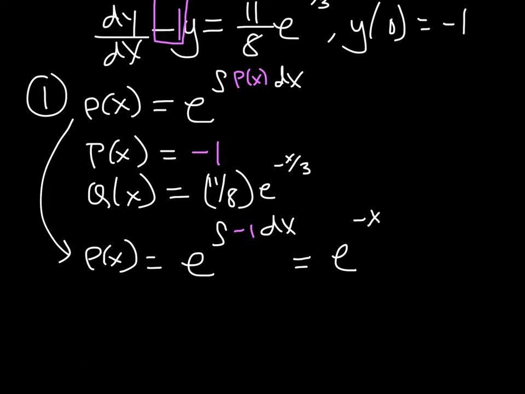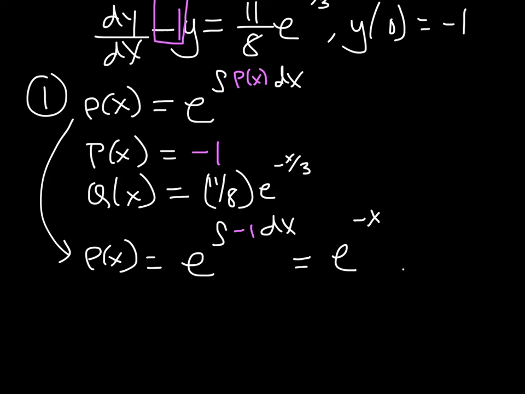And you can add a constant of integration. Actually, it's not going to affect the result when we start multiplying both sides by our rho of x. So it actually doesn't matter. You can read about it on page 48. I believe it's remark 2. So it's just good reading, but we're fine with e to the negative x.